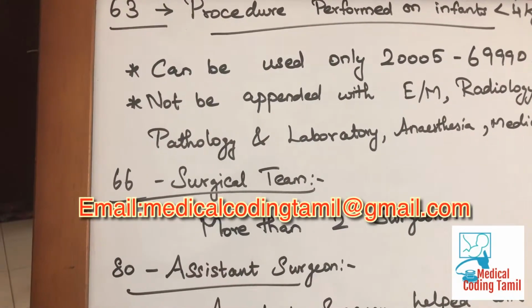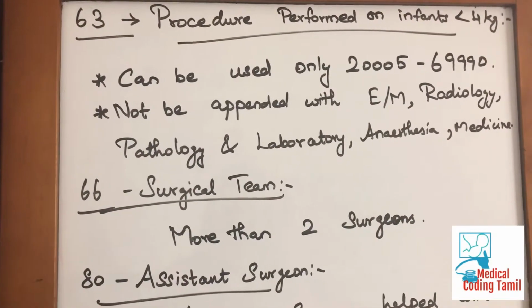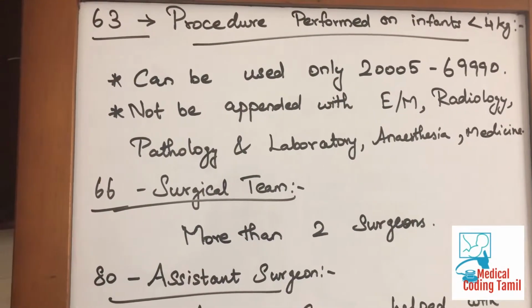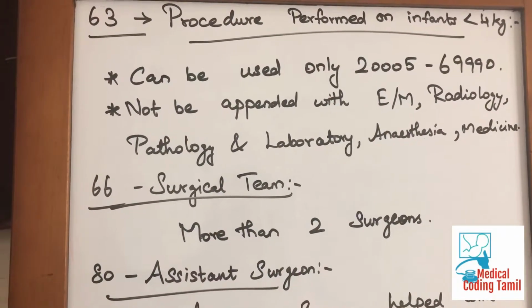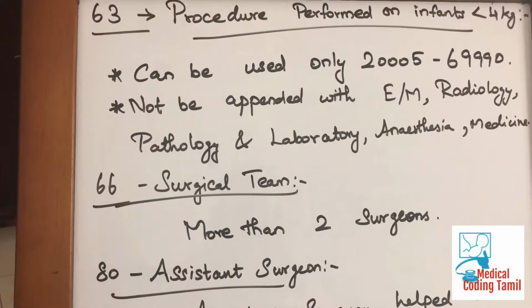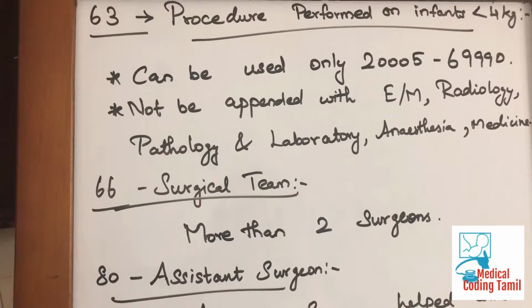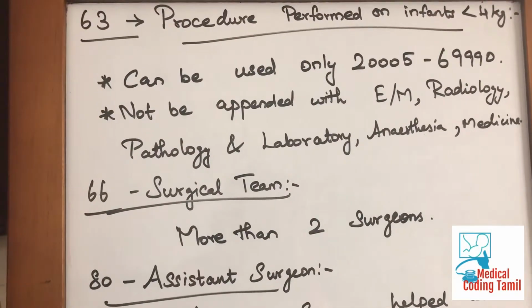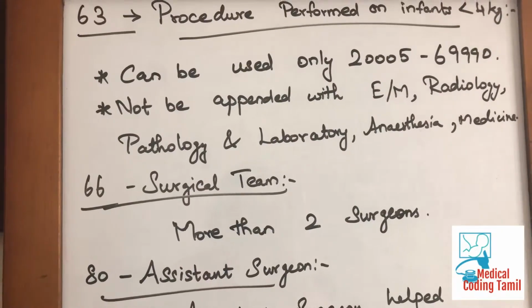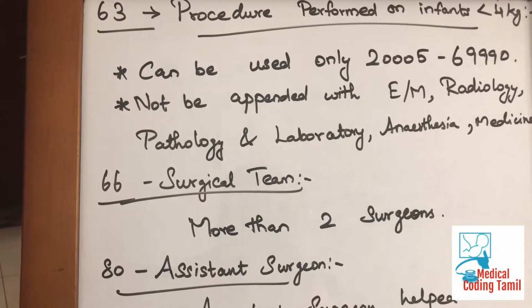What is the use of modifier 63? Procedures performed on an infant less than 4 kg. Less than 4 kg means a newborn baby, right? A newborn baby will weigh 3.5 to 4 kg. So for any procedures performed on newborn babies less than 4 kg, this modifier can be used.